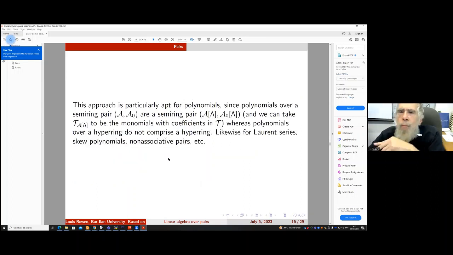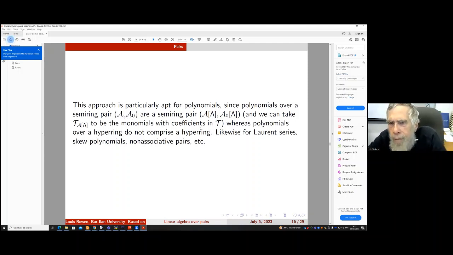Now for polynomials, the point of all of this is that, I said matrices, also polynomials over a pair are again a pair. You just do the usual polynomial multiplication and addition. And the tangible elements, the T, will now be the monomials with coefficients in the original tangible elements.